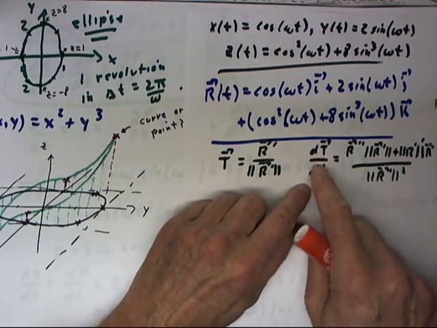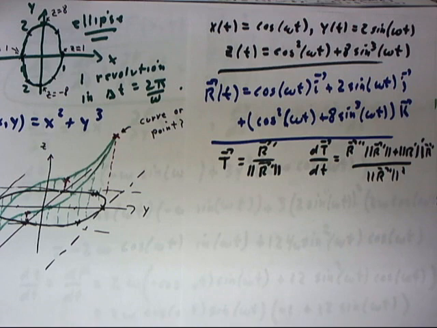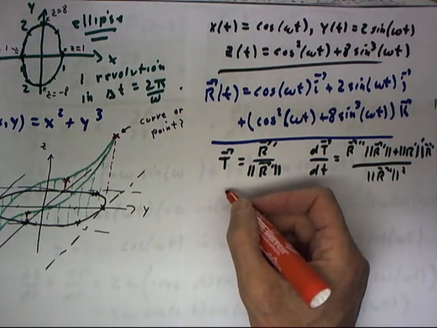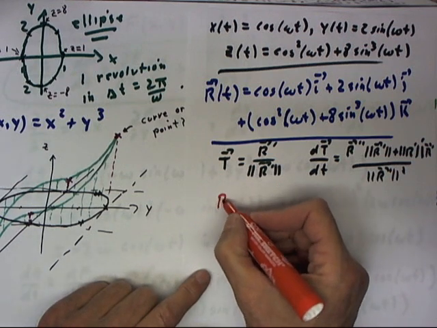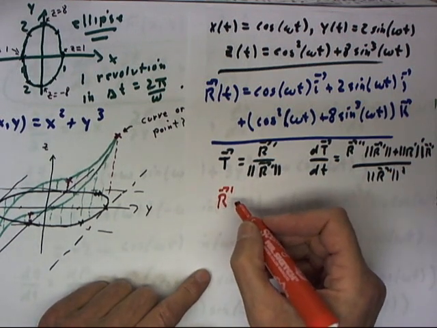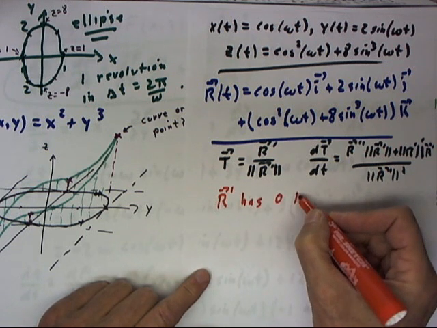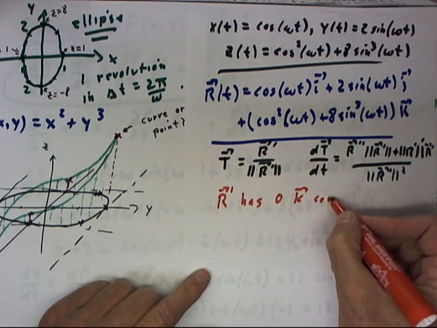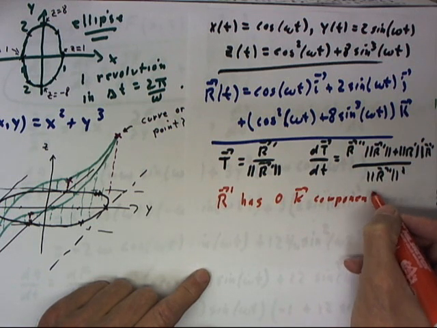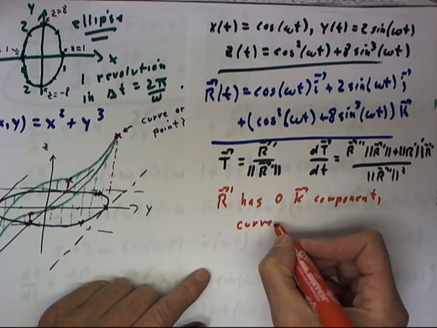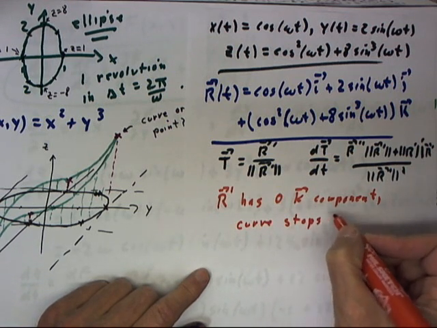What we would gain from the expression for the derivative of the unit tangent vector, though, is a couple of things. Well, one, we don't really need to use the unit tangent vector. We can say when r prime has a 0 k component, the curve stops rising.